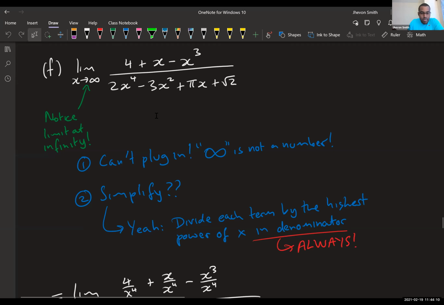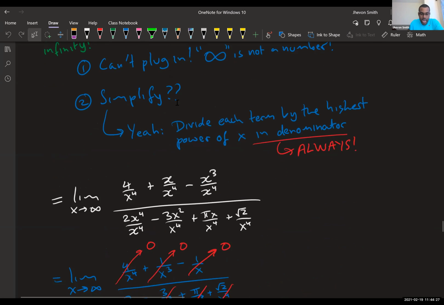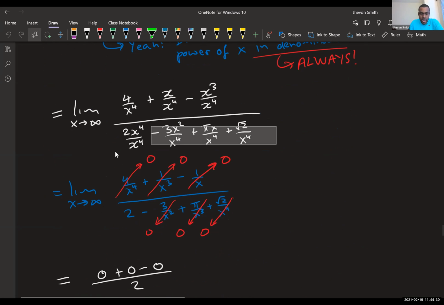So we had this guy, and I mentioned when we are going to a limit at infinity, this only applies to limits at infinity. Okay, so once I'm doing that, what we can do is find the highest power in the denominator, which in this case was x to the 4th, and then I can just divide every term by x to the 4th in the top and the bottom.